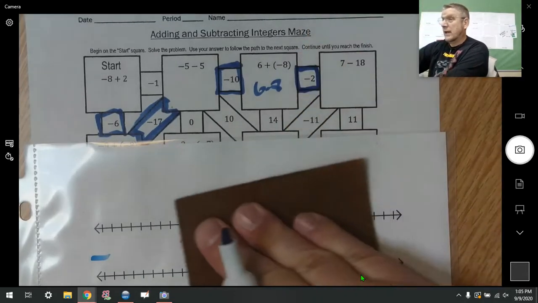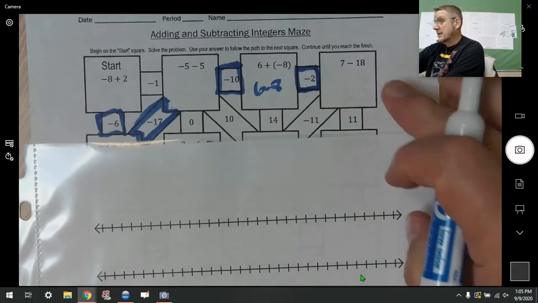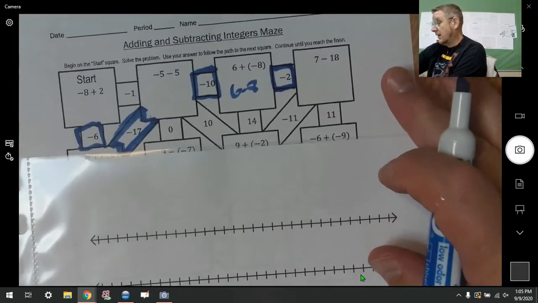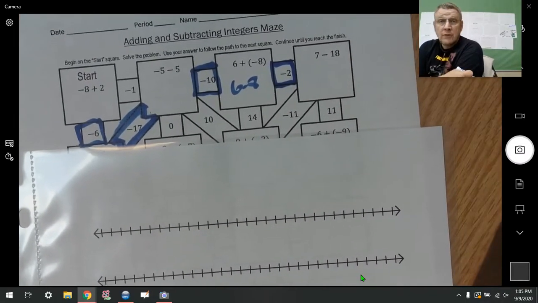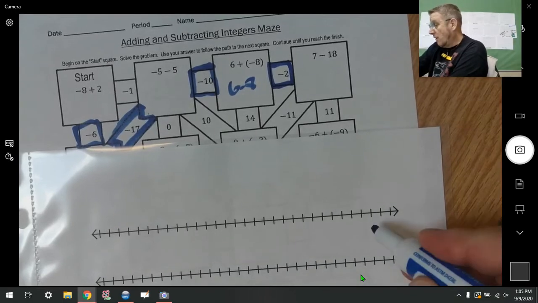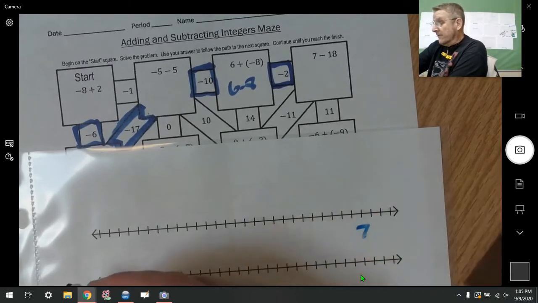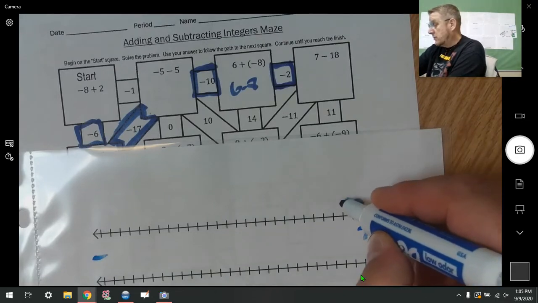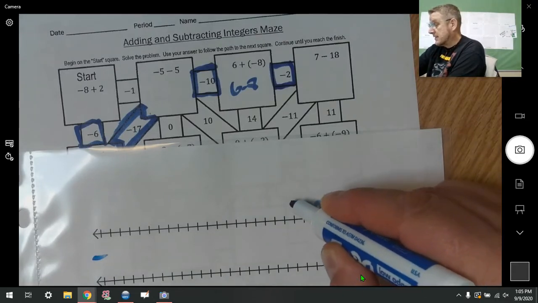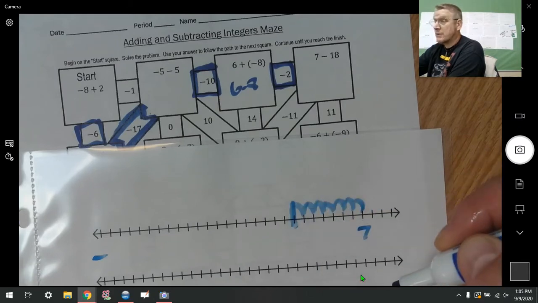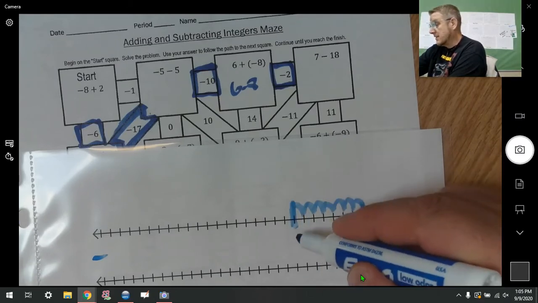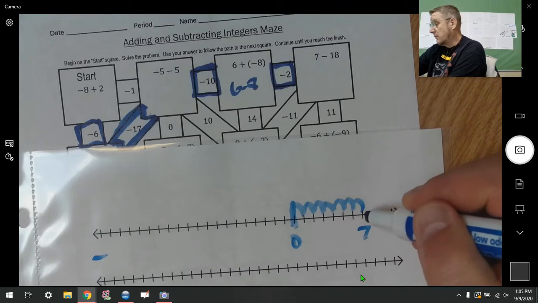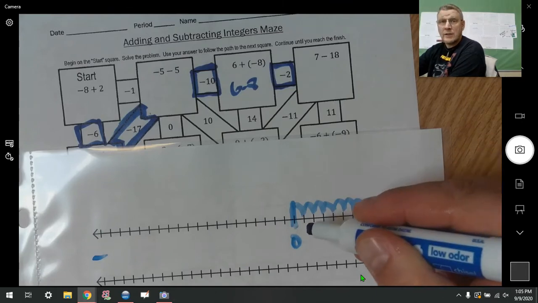So now I can go ahead and look at 7 minus 18. Now 18 is a pretty big number, so I'm going to put my 7 over here so I can subtract 18. 1, 2, 3, 4, 5, 6, 7. I'm going to stop here at 7, because that would be 0. So I started at 7 and I went in the negative direction 7.